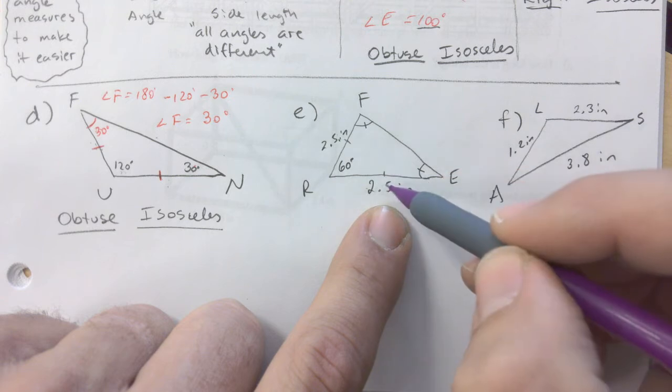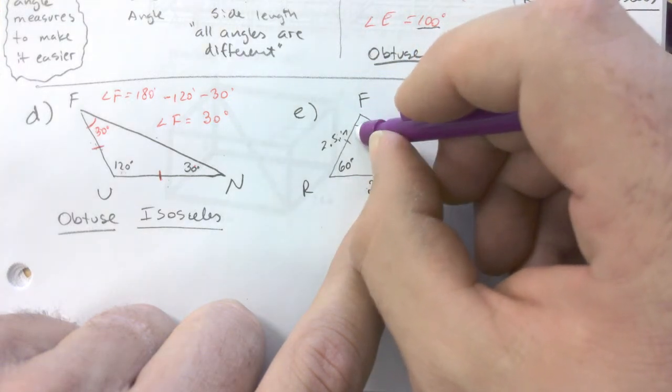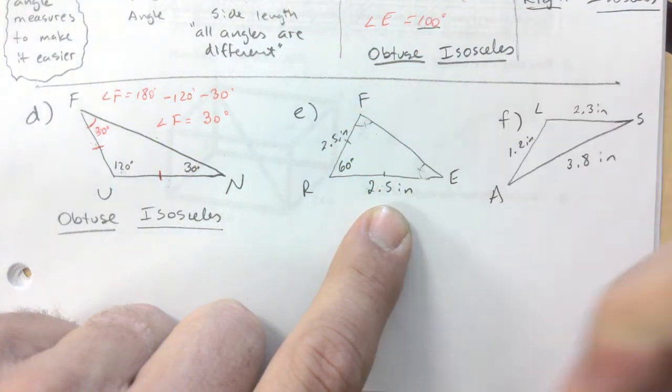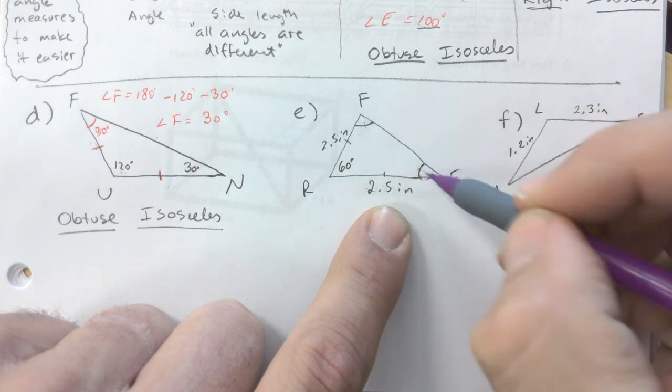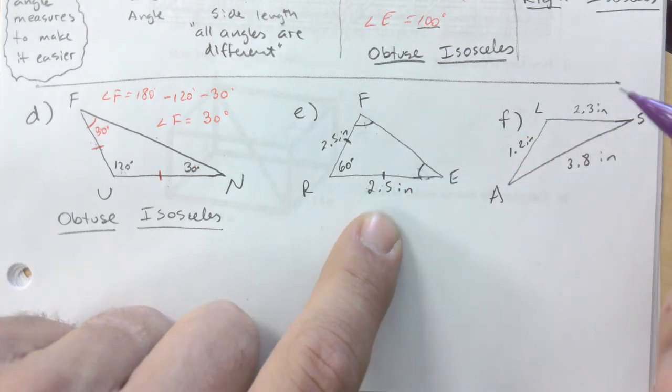Actually, we don't need to have those markings there. My bad. Just right, 1, 1, and 1 tells you that these are the same. We use these ticks for the side lengths.